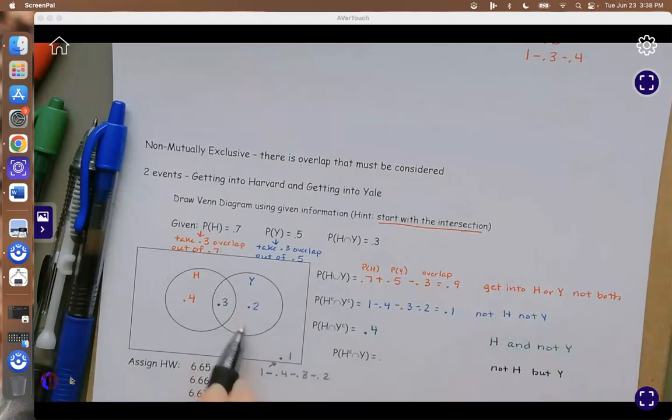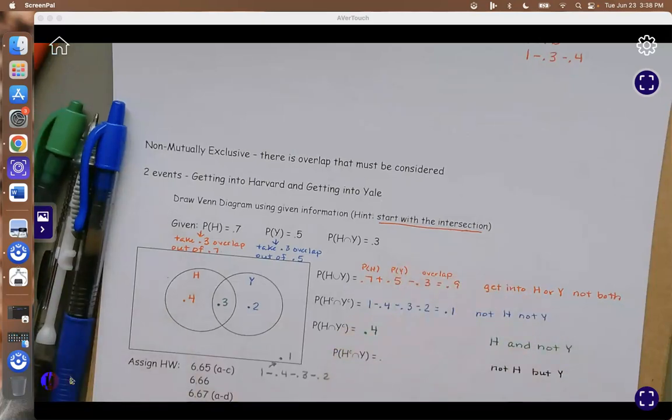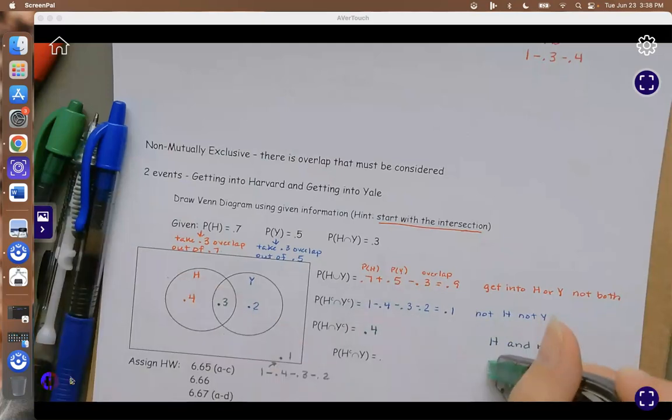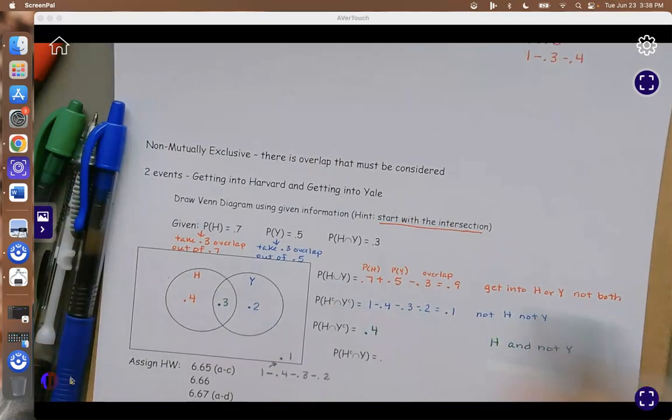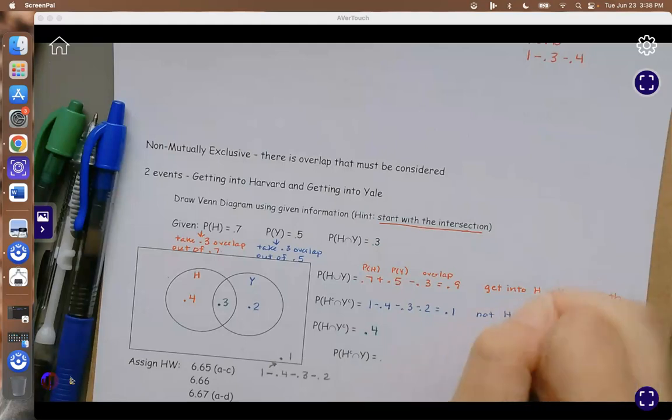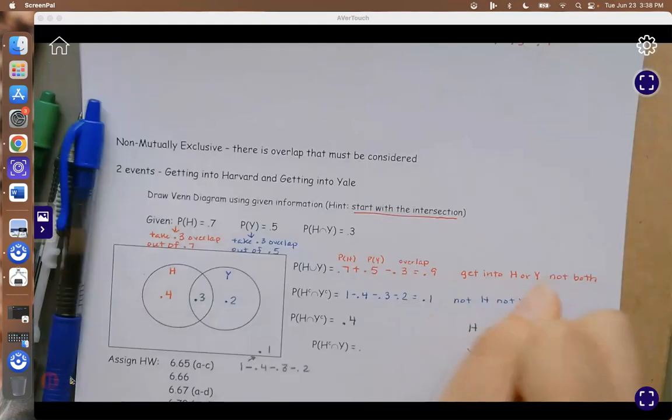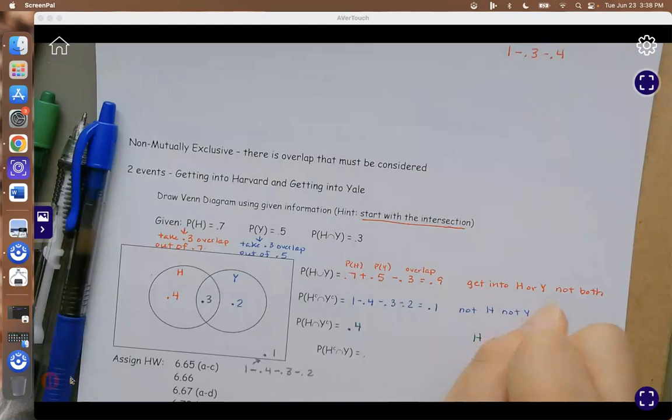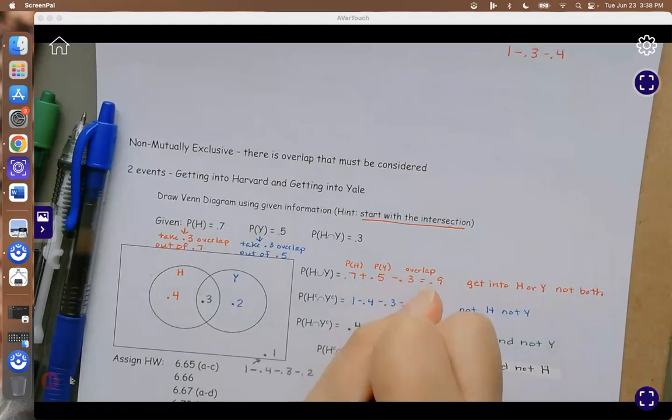Okay, so that means it's the Yale piece that does not have the Harvard. And actually, technically, I should have written it differently. Let me write that differently because we don't have a but in there. Yale and not Harvard. So that would be the 0.2.